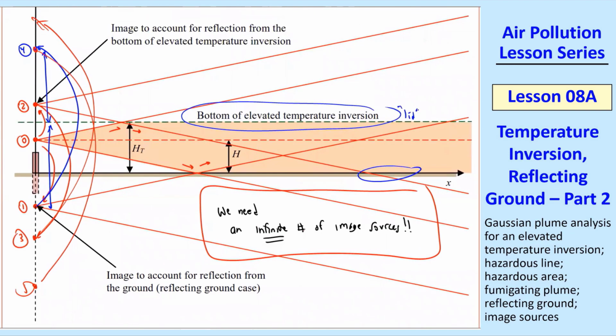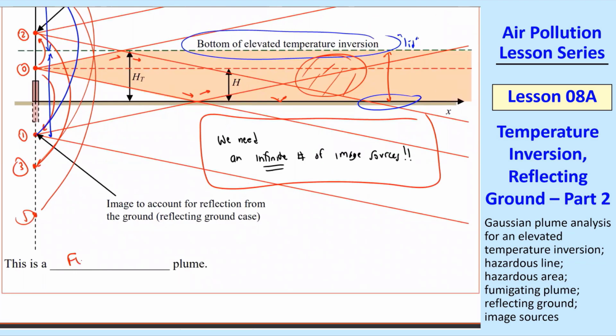And I think you can see that what happens here is all the smoke gets trapped between the lid of the temperature inversion and the ground. Since the ground is reflecting and the elevated temperature inversion is reflecting, this is called a fumigating plume. And I should point out that this is the worst case possible because we've trapped all that air pollution.